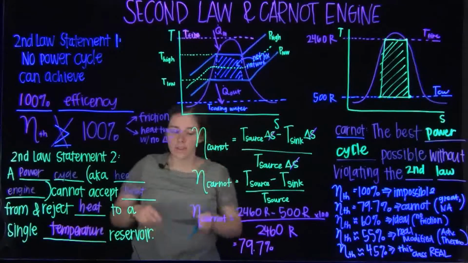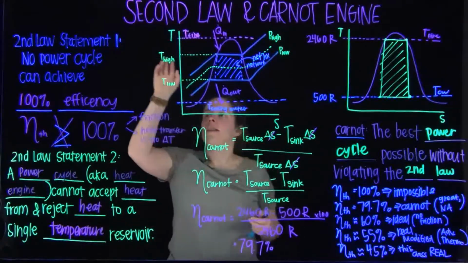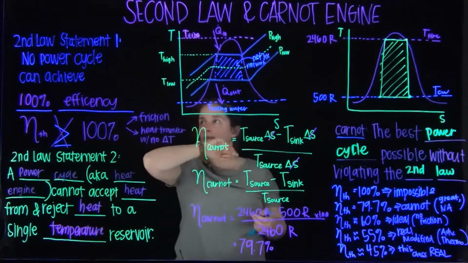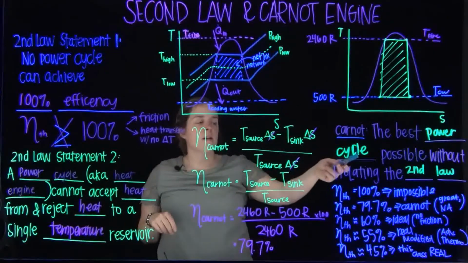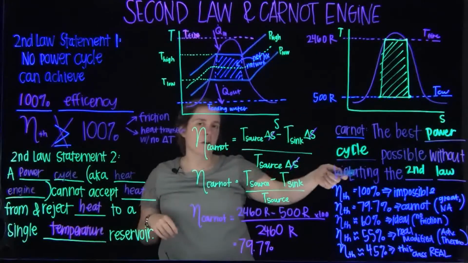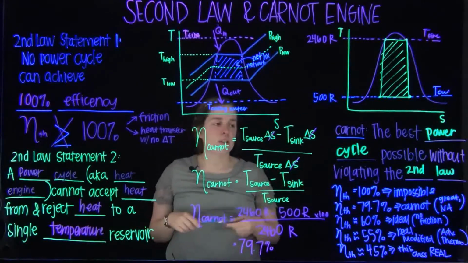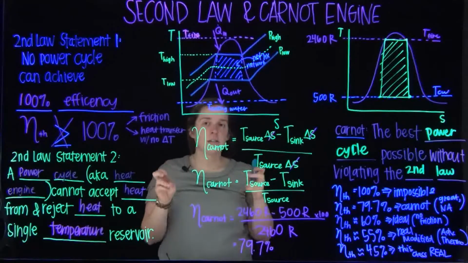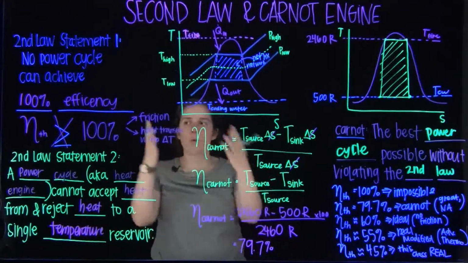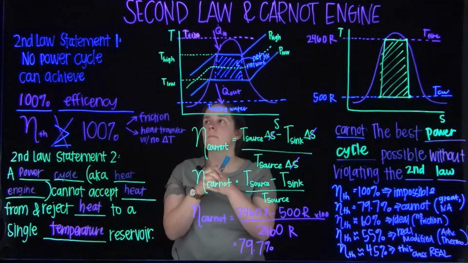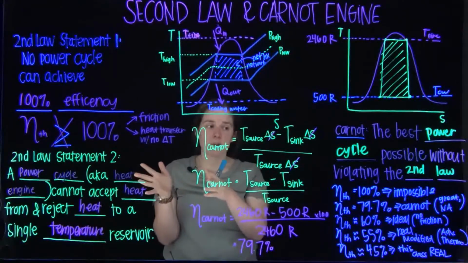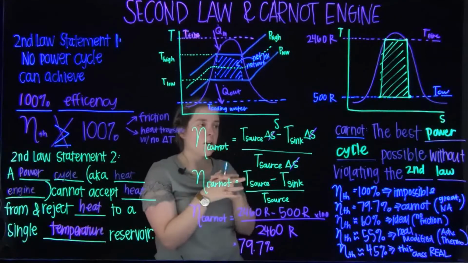So that gives you the overall view of the second law, what our second law of thermodynamics tells us, those two statements, as well as how we overcome that with the Carnot, though it's still not achievable. This just gives us our more realistic ideal without violating the second law of thermodynamics.